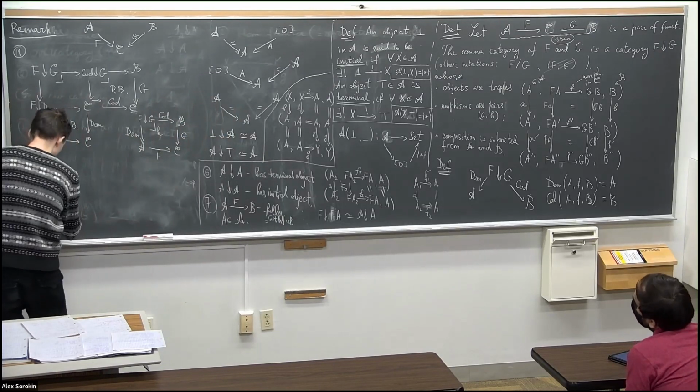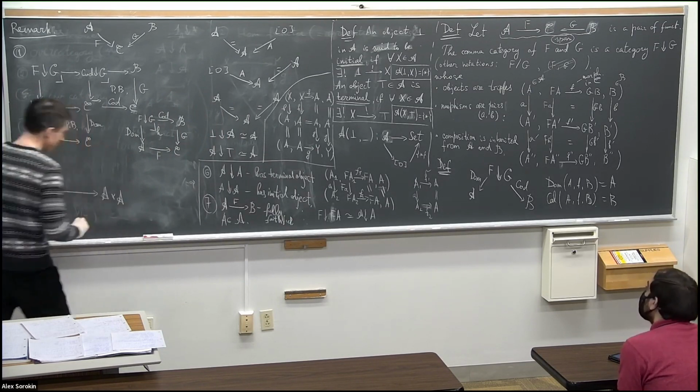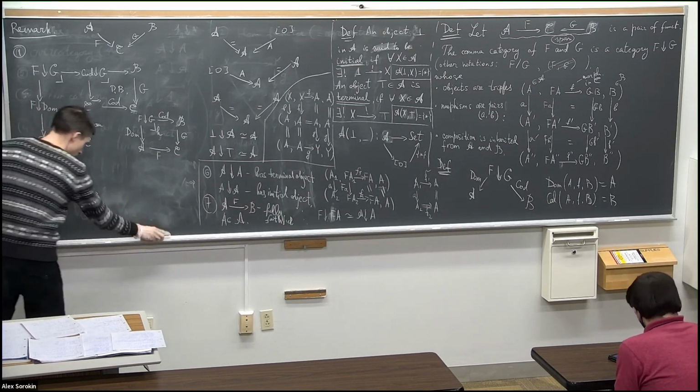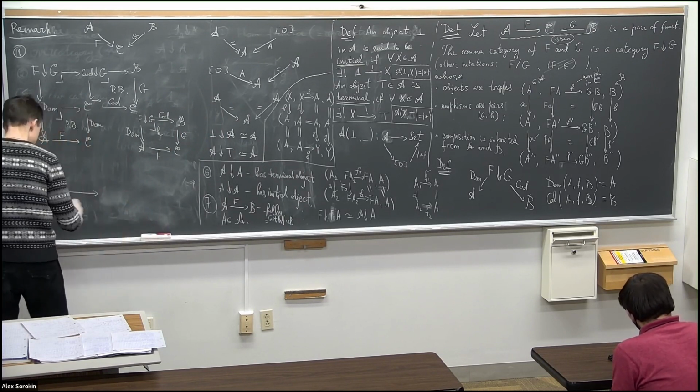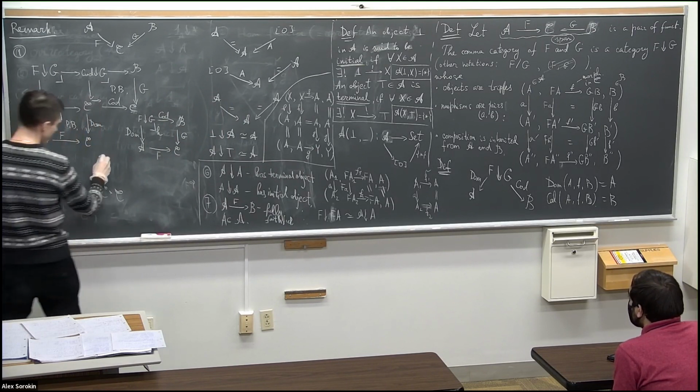Here I'm trying to write this diagram. So I have this H, play cross H, over C. Here I have AD.